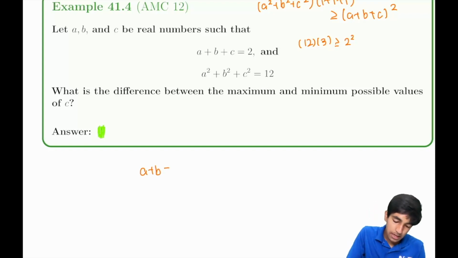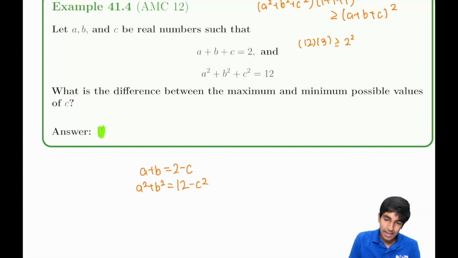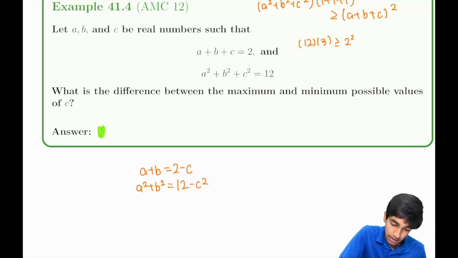So we have A plus B is 2 minus C. And A squared plus B squared is 12 minus C squared. And now, what if we use Cauchy-Schwarz with just these two terms? Then that might give us some bounds for C based on that. Let's do that. Cauchy-Schwarz in action.